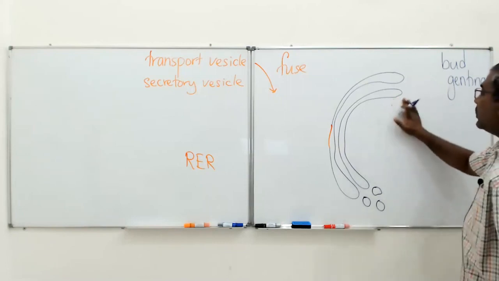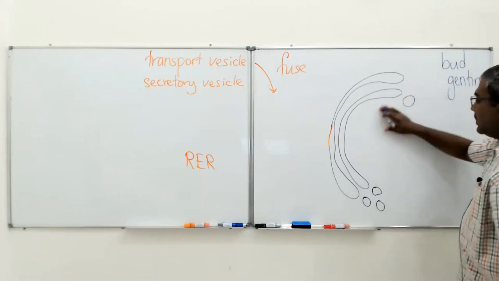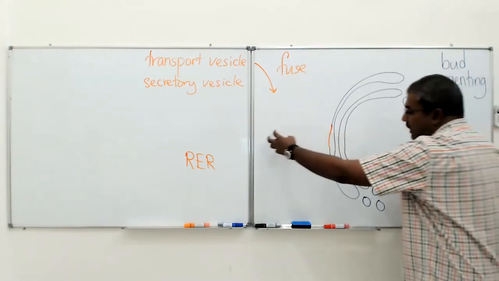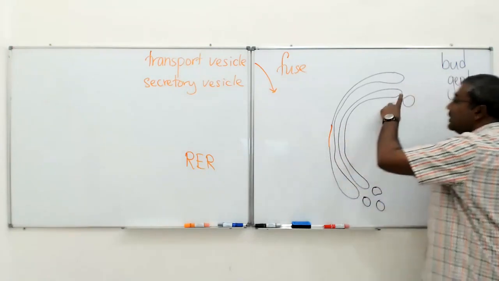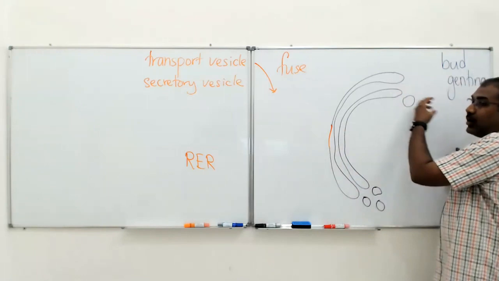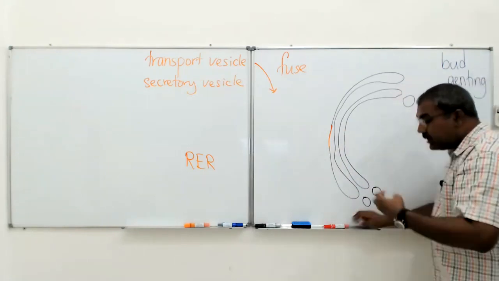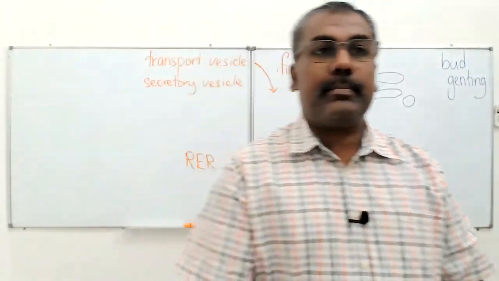Then this one will move away. Yang ini kemudian akan bergerak menjauhi pergi ke tempat yang sepatutnya dia pergi. We are going to learn that later. So over here, a new membrane is added. Satu membrane baru ditambah. Di sini, the membrane bud off. Membrane itu digentingkan. Itu maksud ayat nombor 2 tadi.